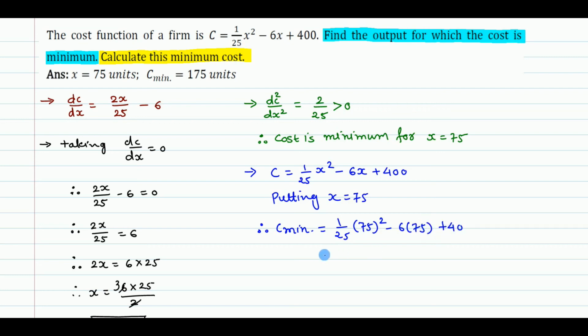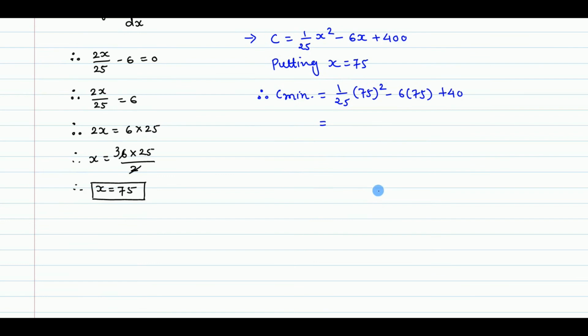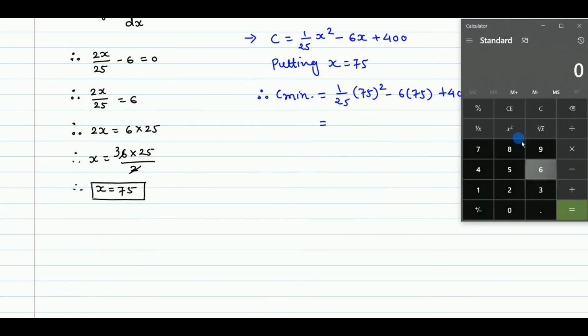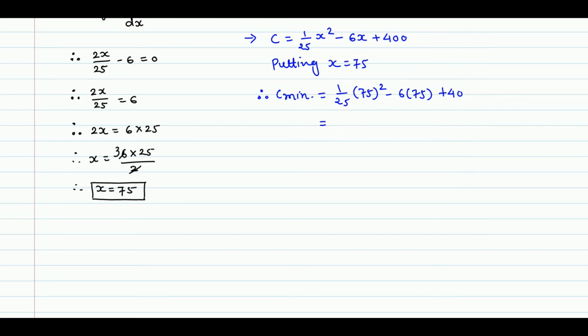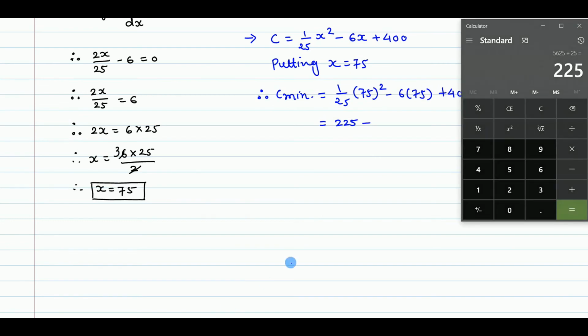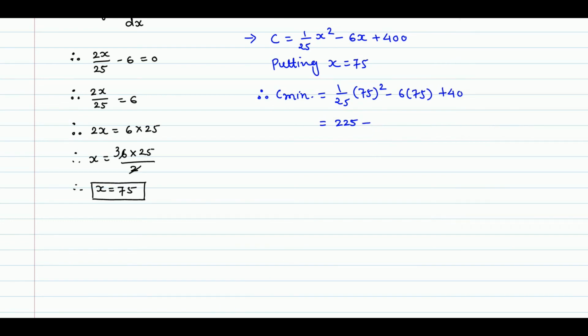Okay, let's solve it. 75 into 75 is equal to 5625, divided by 25 is 225. 225 minus 6 into 75, and 6 into 75 is equal to 450, plus 400.